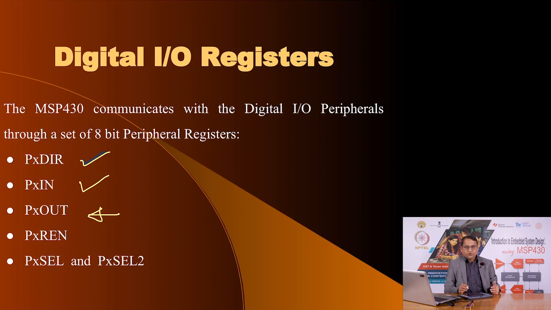Now, if you choose to make this pin of this port as input, you will of course read this, but you may choose that you want a pull up resistor or pull down resistor. For that, you have to enable the resistors, and you do that by writing into this. Whether it will be pull up or pull down will depend on what you write into the POUT register.